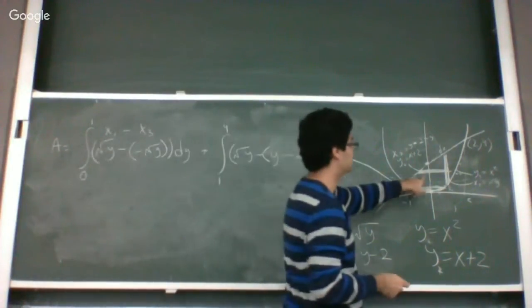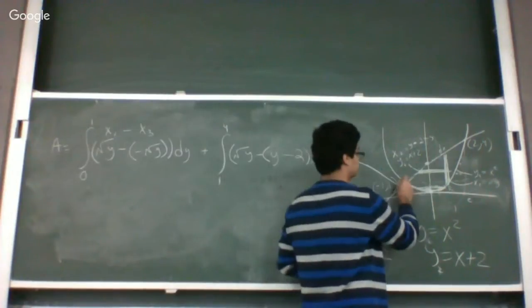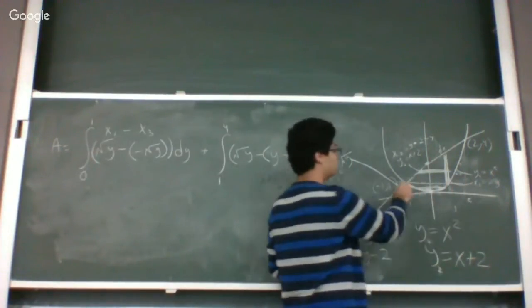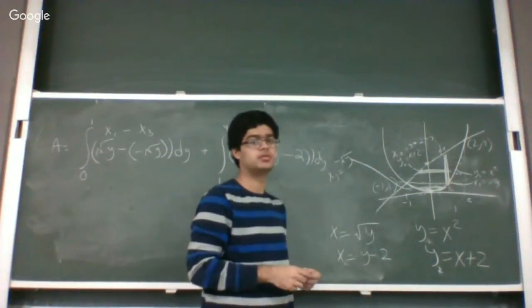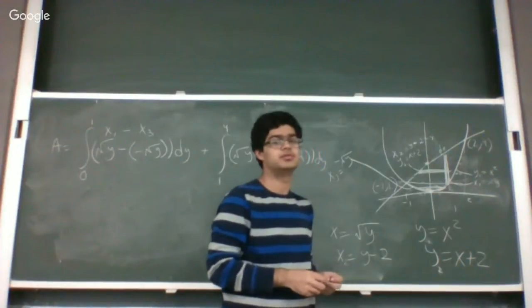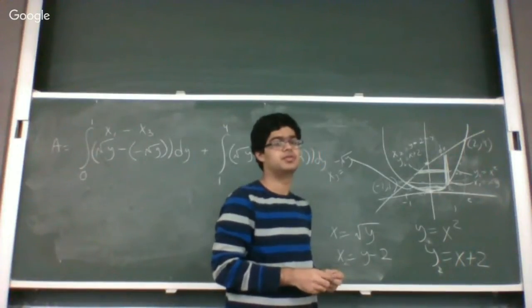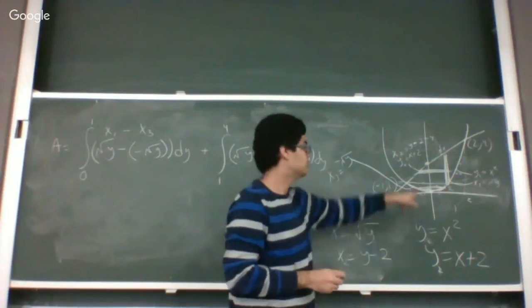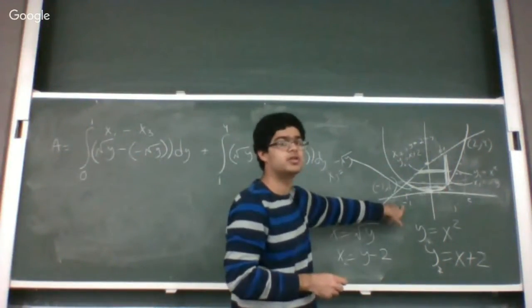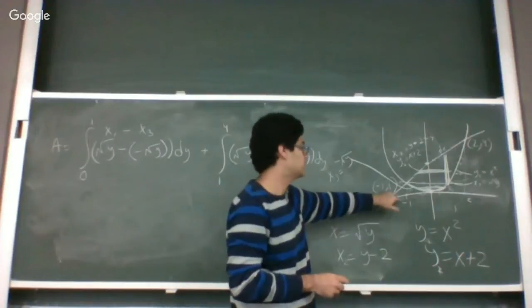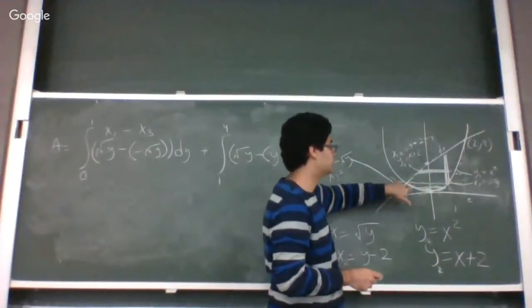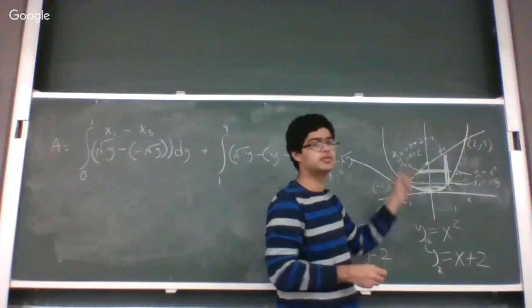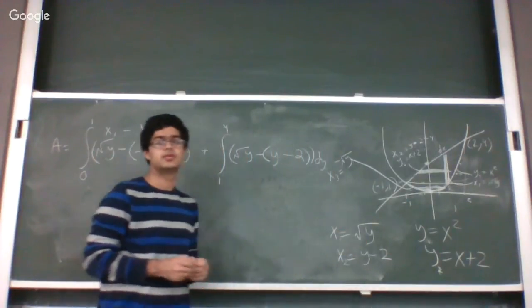At 1, we found that as an intersection point. We found -1. Yeah. Because that's when the functions cross.